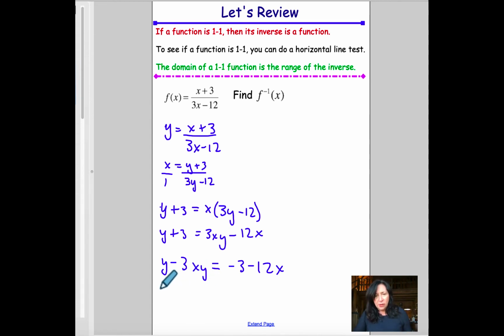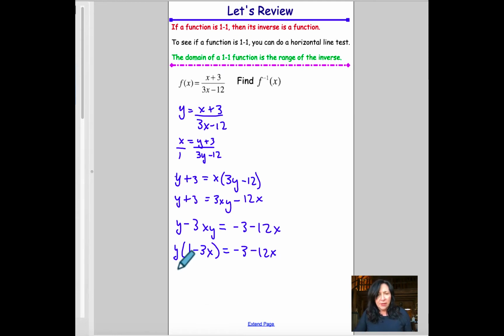Factor out the y, so we get y times 1 minus 3x is equal to -3 minus 12x. And lastly, get y by itself. So we have y equals -3 minus 12x, all divided by 1 minus 3x. Do not cancel, just leave it. The last thing you do is replace this y with f of -1.